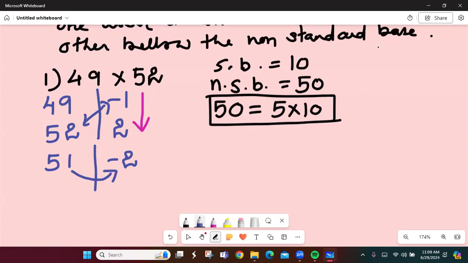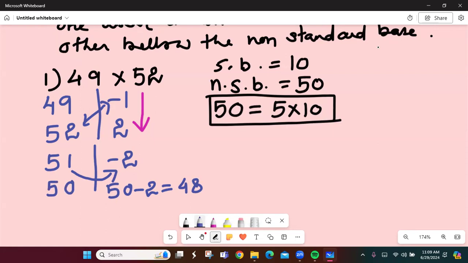But keep in mind that my non-standard base is 50. So carrying 1 unit back is nothing but carrying back 50 and not 10. So when I carry back here, it will become 50 minus 2, that is 48. And since I have carried back 1, 51 will change to 50.